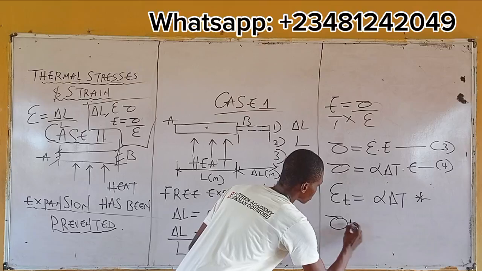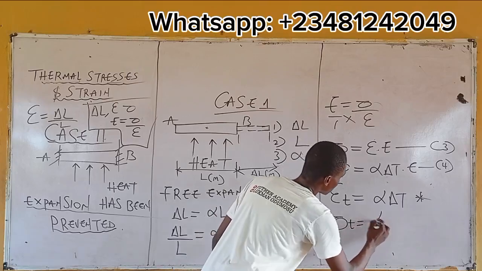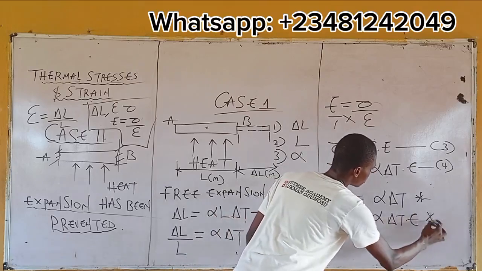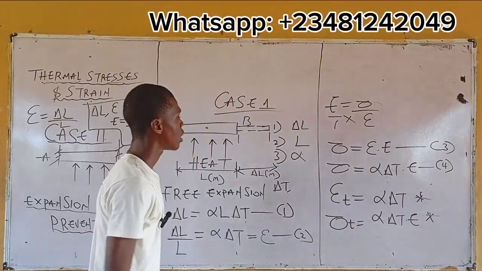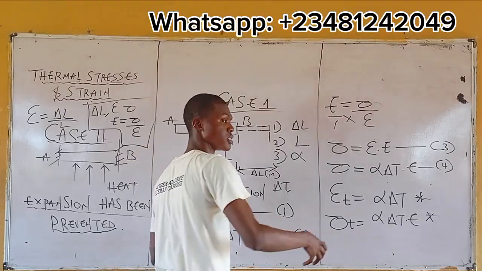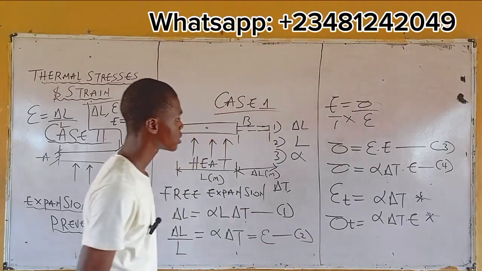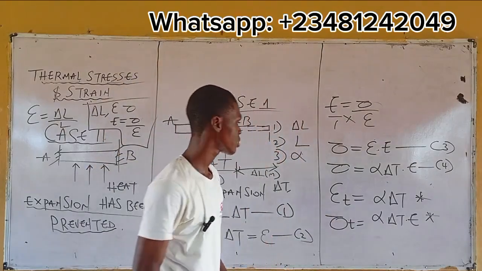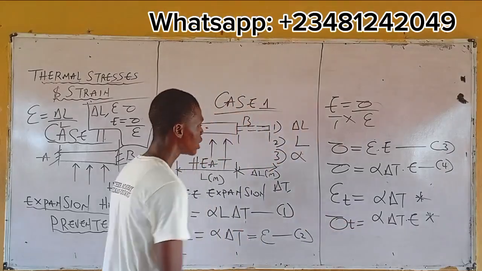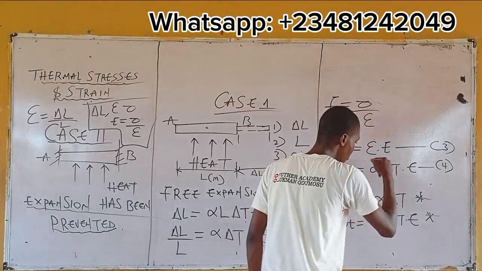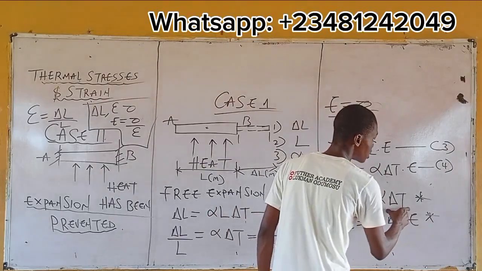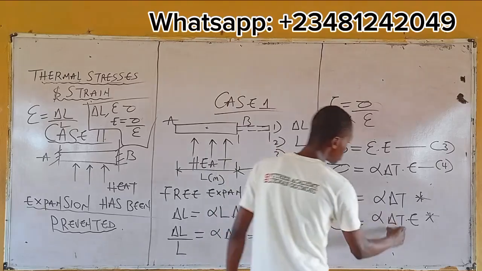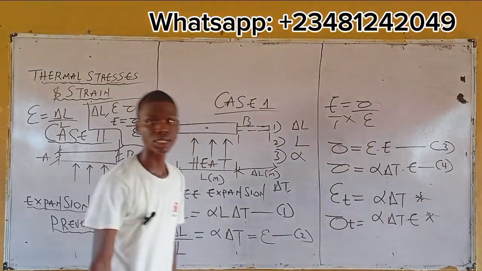Your thermal stress is equal to linear expansivity times change in temperature times Young's modulus. Sorry, I said change in length, but it is change in temperature. The first one is linear expansivity times change in temperature; the second one is linear expansivity times change in temperature times Young's modulus, right?